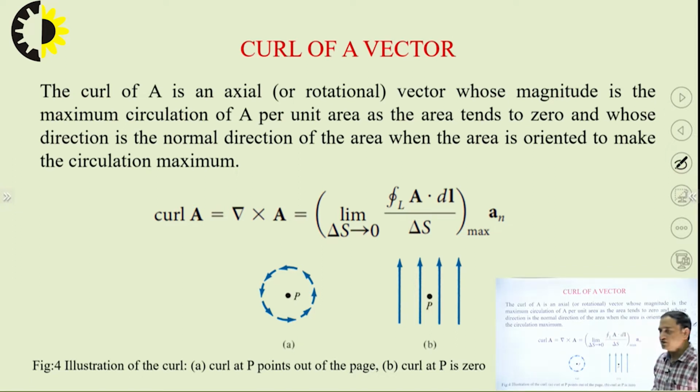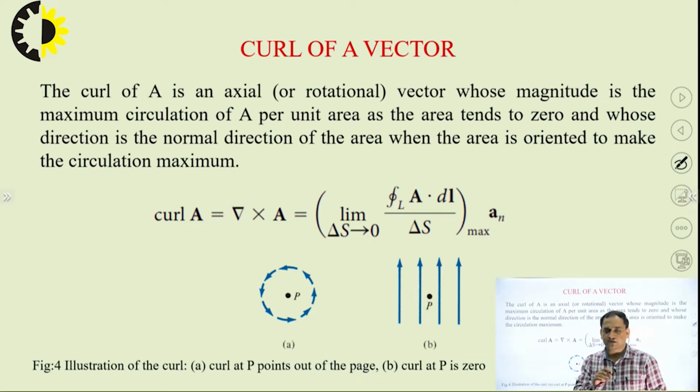By the definition, the curl of A is an axial or rotational vector whose magnitude is the maximum circulation of A per unit area as the area tends to 0. In the divergence theorem, if you remember, in the case of divergence the volume tends to 0, right?